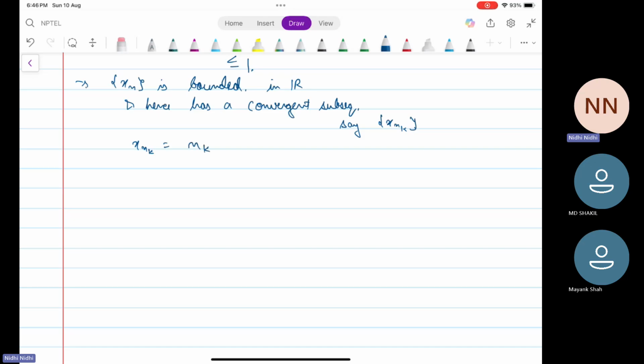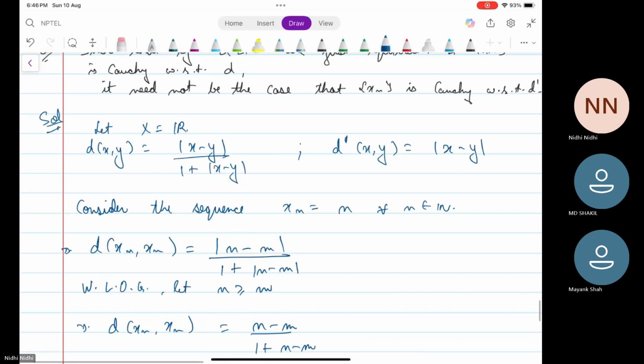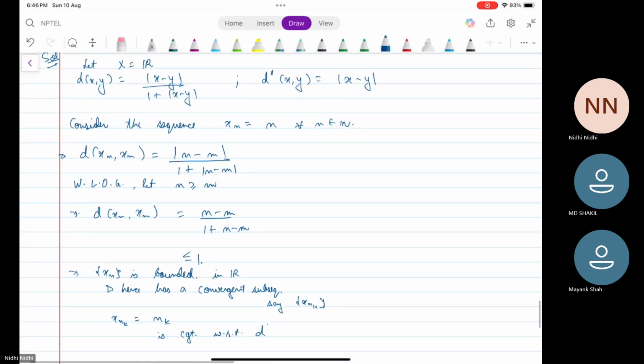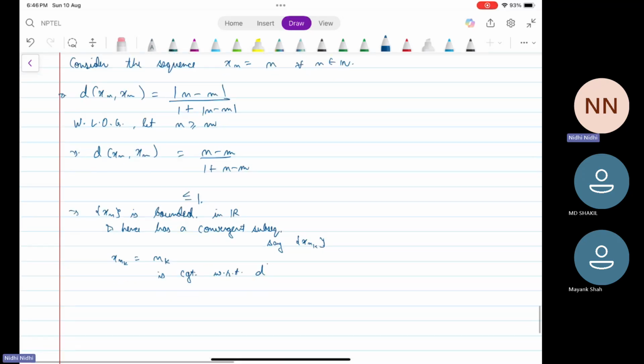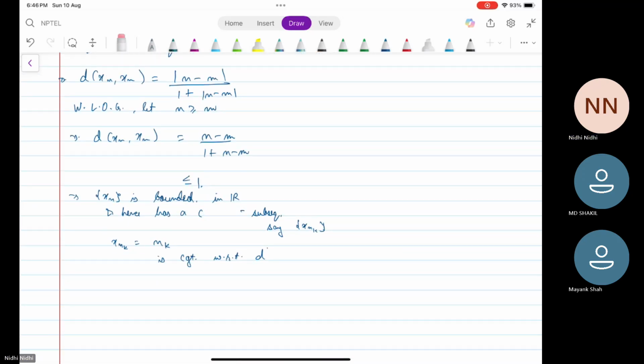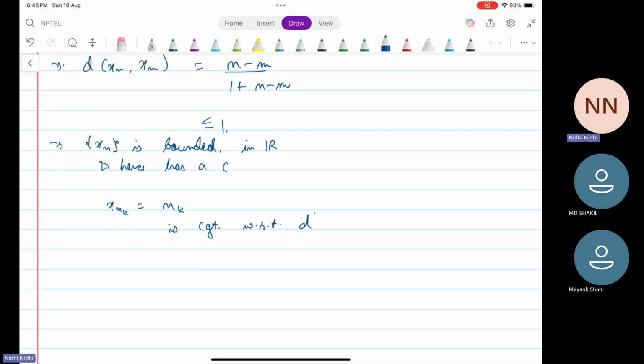This is convergent with respect to the metric d. Sorry, this is Cauchy. Every bounded sequence has a Cauchy subsequence.